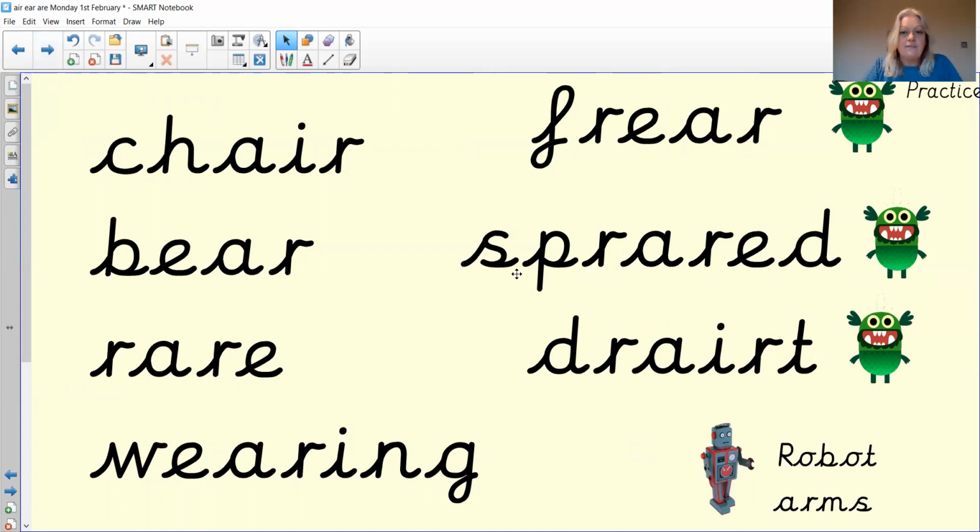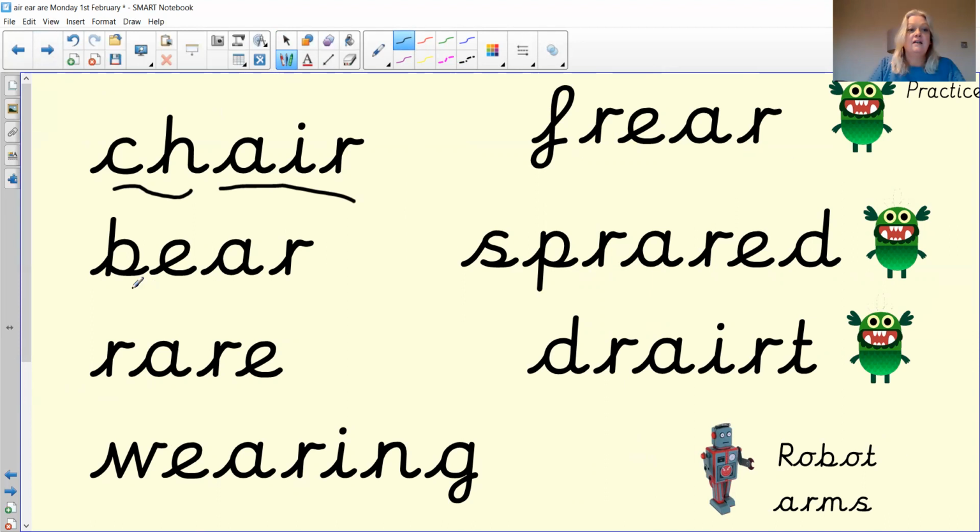Okay. Remember, we like to read it in our head now, don't we? And the saying we go, read in the head. So you have a go, read it in your head. I'm going to carry on doing this though. Chair. That's right. Chair. Bear.